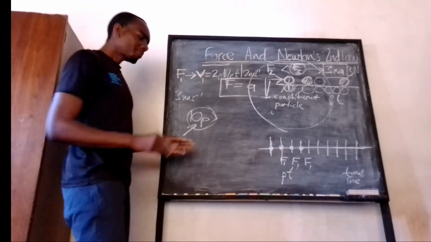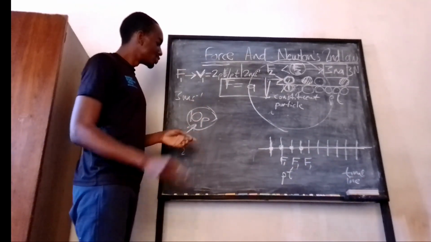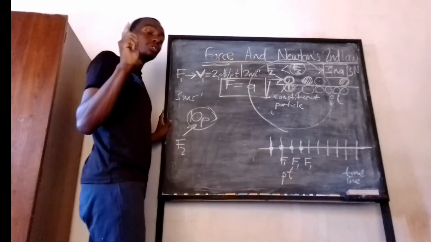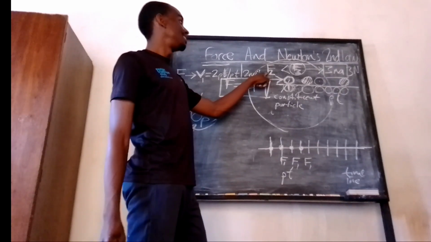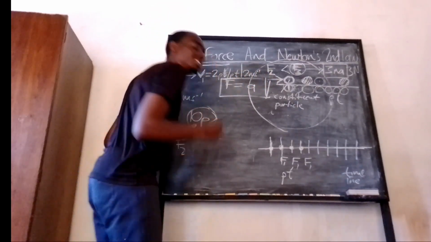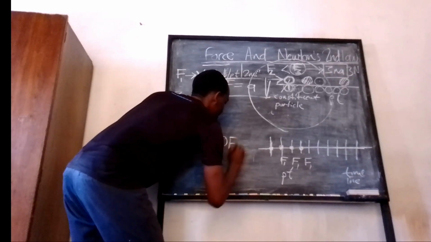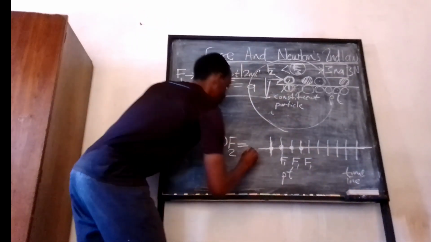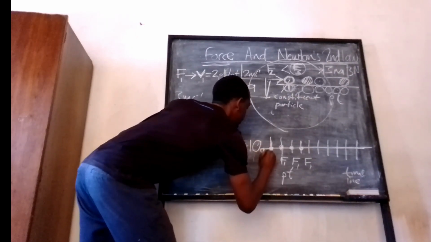Now, mass is the quantity of matter. So how many particles do we have here? We've got 10. Now, because we have 10 particles, we have how many forces? 10 forces, or 10 F2s. 10 F2s is equal to what? Is equal to 10 velocities.